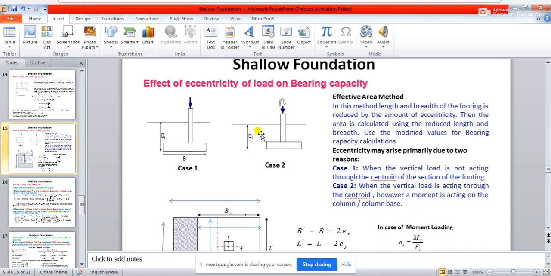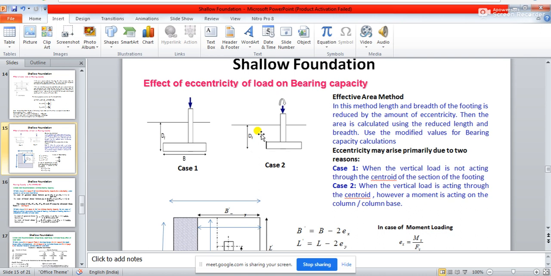If you see the bearing capacity equation of Terzaghi, qu is equal to cNc plus gamma D Nq, those two terms remain unchanged, but the third term, 0.5 gamma B N gamma, your B, because of the eccentricity, needs to be replaced with B dash. It will not be B in that case, please remember.